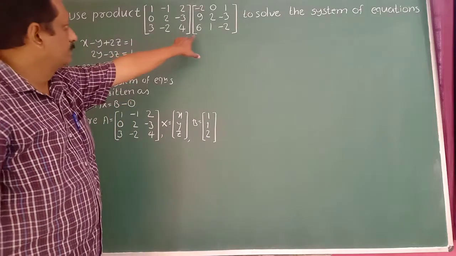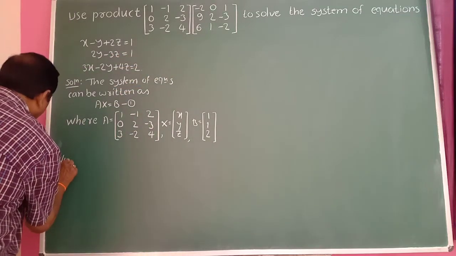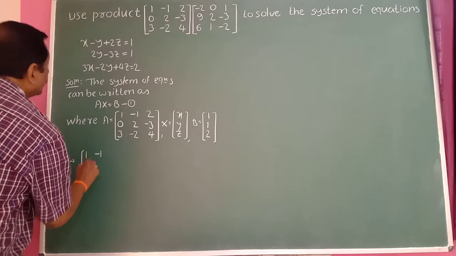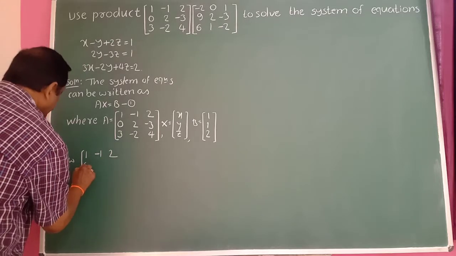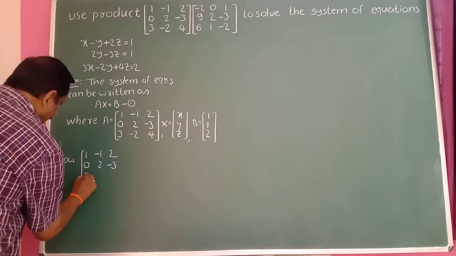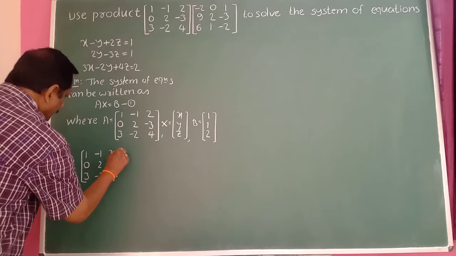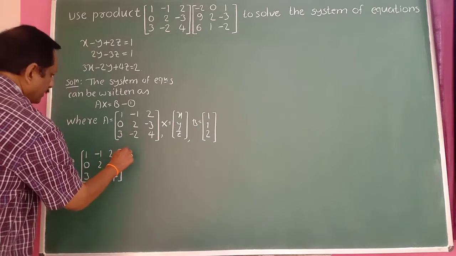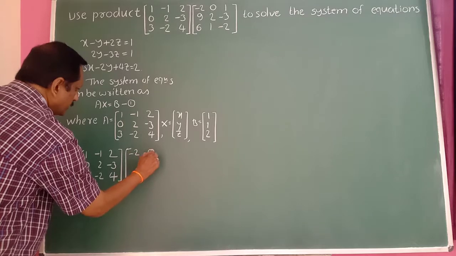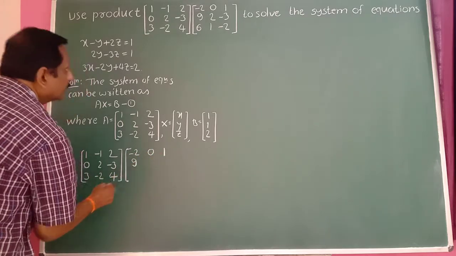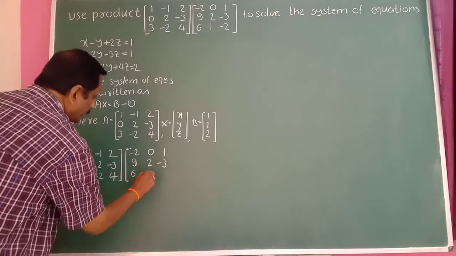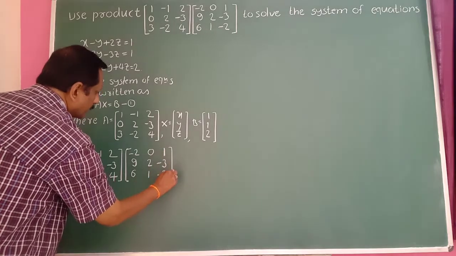Now take this product. The matrix 1, minus 1, 2, then 0, 2, minus 3, then 3, minus 2, 4, the same matrix, into the next matrix: minus 2, 0, 1, then 9, 2, minus 3, then 6, 1, minus 2.